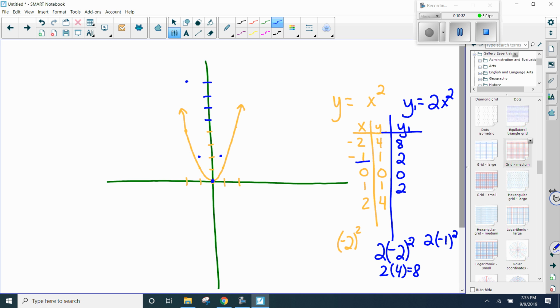And if you put 2 in, 2 squared is 4 times 2 is 8. So at 2, you get a value of 8, which is up here. So your parabola now looks like that. So what it did was it caused it to stretch upward. The higher that coefficient value, the higher up you're going to stretch. You got to reach up to get to that value.